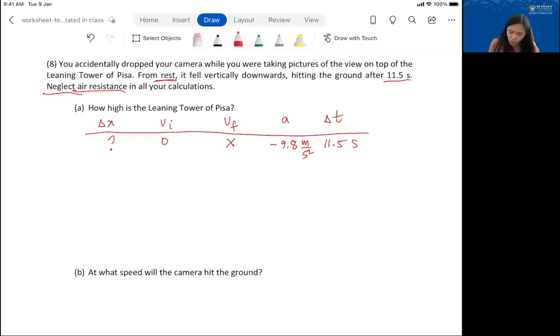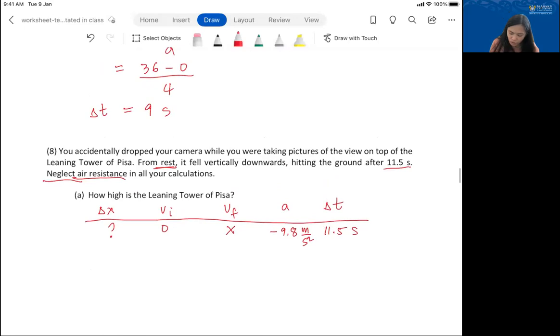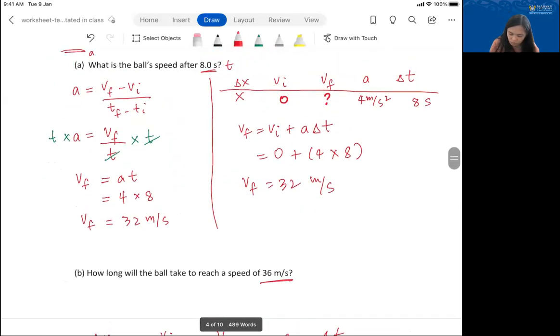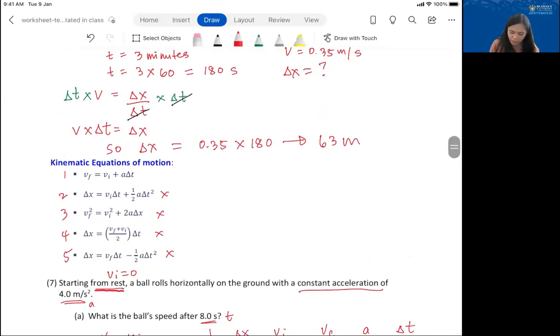Yeah. So looking at your kinematic equations, it's VF we don't know. Okay, so let me erase this. Any equation that contains VF cannot be used. That's not appropriate. Equation 3, 4, and 5.